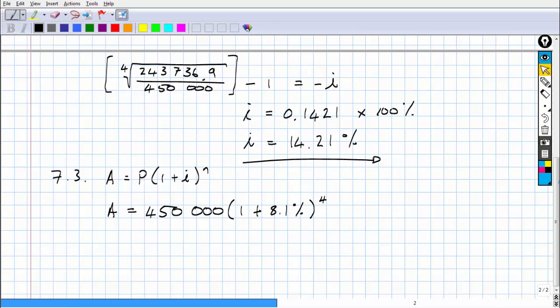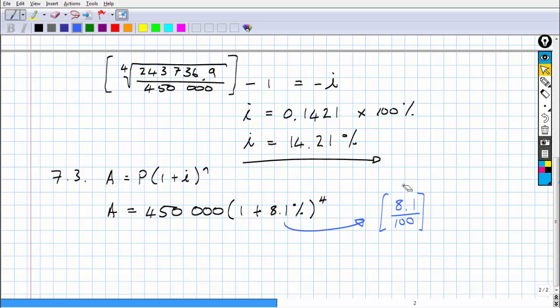Now, just a note on this, you can write that as 8.1 divided by 100. I prefer to literally just write it as 8.1%, and in your calculator, you type in that percentage sign, and it will work it out for you. So there's no need to actually go and convert it, just literally write it as 8.1%, and that represents this for your calculator anyway.